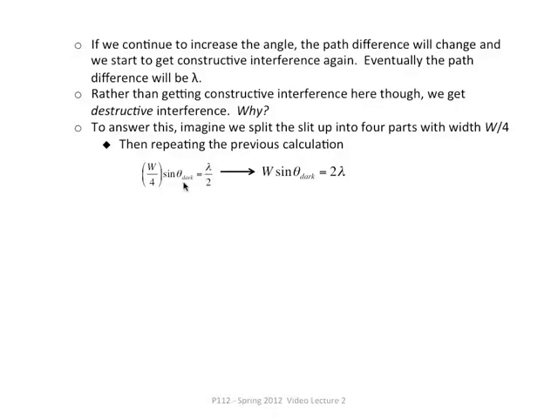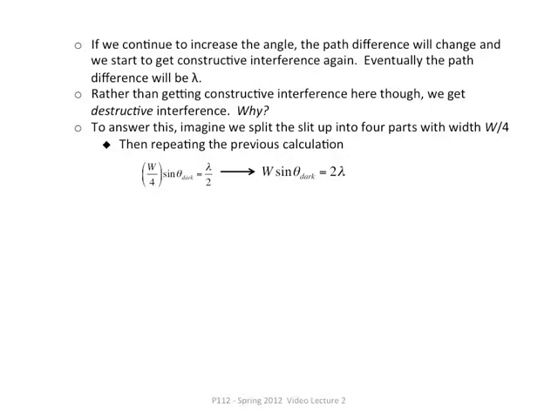So where does that occur? Well, if we multiply through by 4, we see that we get another dark fringe, theta dark, at 2 lambda.